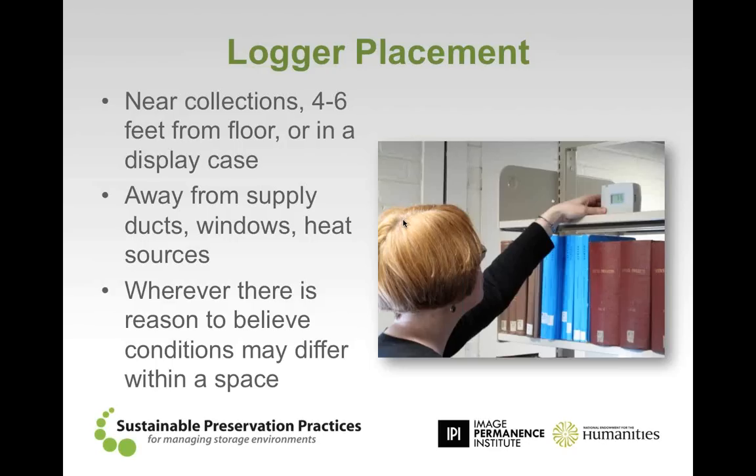So no matter what time of year it was, that logger was always giving a false indication of what was actually going on within the space, whether from the heat of the window or the perimeter heat. Another thing, you want to keep it wherever there is reason to believe conditions may differ within a space. As I said earlier, if you think the relative humidity or the temperature may be high in a space, it doesn't hurt to keep a logger there to check.